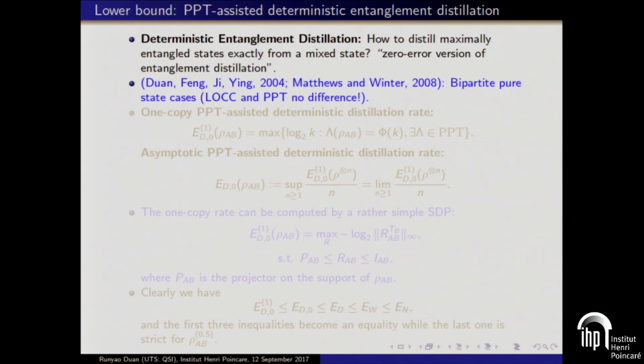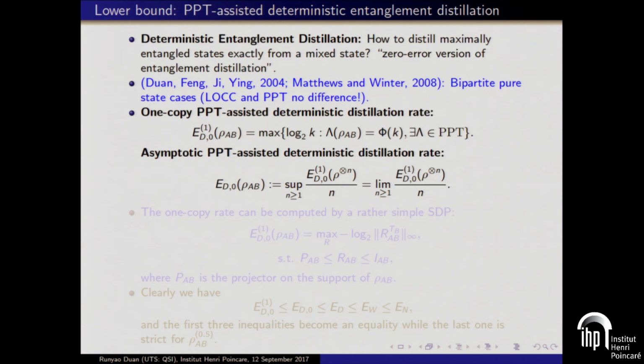For a given state rho, we consider the maximum k such that we can find a PPT operation that can transform this state into a maximally entangled state. Okay? For example, if k is equal to 1, then we can always do it, because k equal to 1 means it's a product state, so of course you can transform any state into a product state. But here, the most interesting thing is we need to take the maximum.